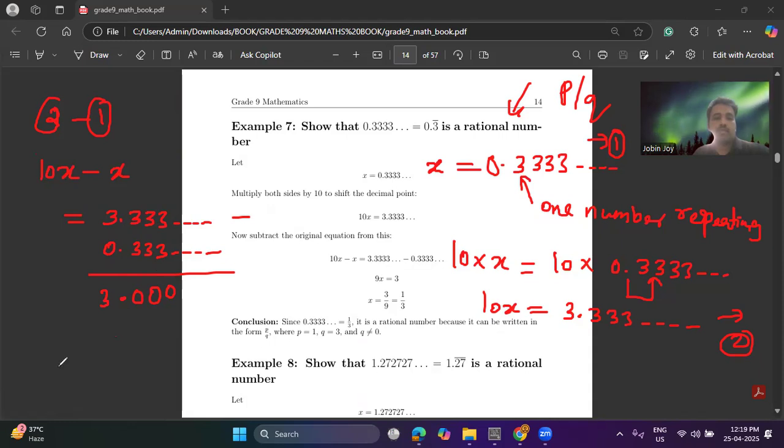What is 10x minus x? 9x. So 9x equals 3. So x equals 3 by 9, that means 1 by 3.